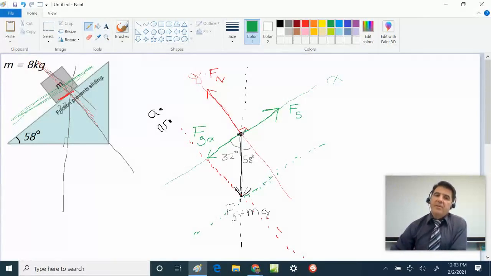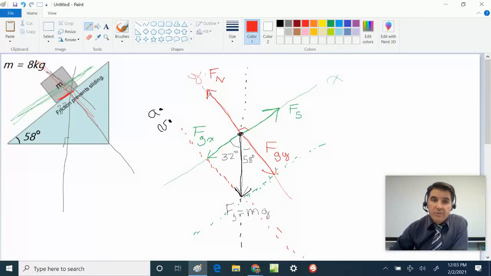Usually the force of gravity is responsible for the normal force, right? But it's not exactly opposing the normal force. So how much of it is going to the normal force? That's why we have this idea where this component here is not actually gravity, but we call this the force of gravity in the y direction.